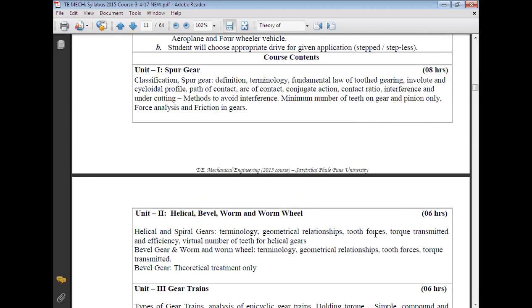So, as I have told you previously, if you are familiar with the concepts of spur gear, it will be quite easy for you to understand unit number 2 easily.